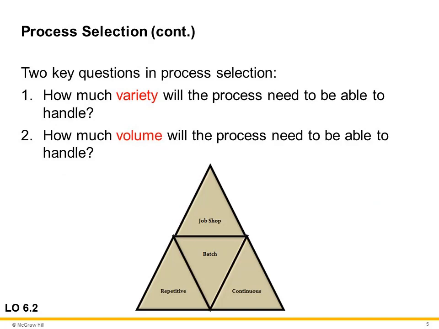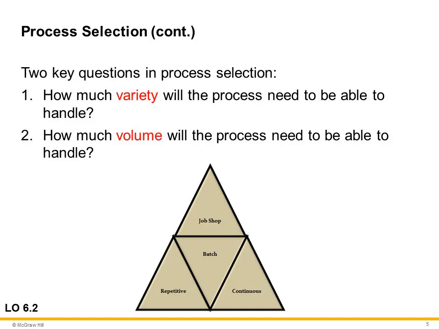When you want to select a process for your business, you have to ask two key questions. The first one is how many types of products you produce, or how many types of service you offer. This is the first question, the variety. The second one is quantity. How many products do you produce?